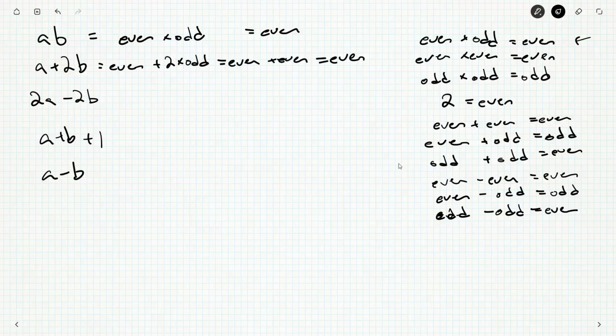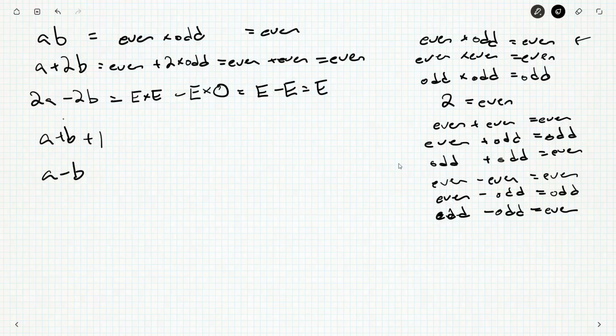I'm going to start writing E's and O's, just because I'm going to run out of space. So 2 times an even, well, that's even times even, plus or minus an even times an odd. But those are both evens, and even minus even is even.